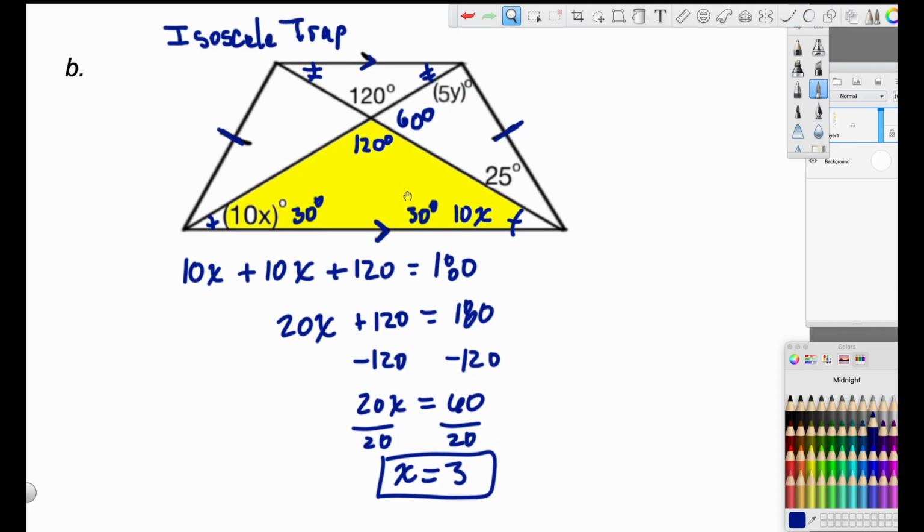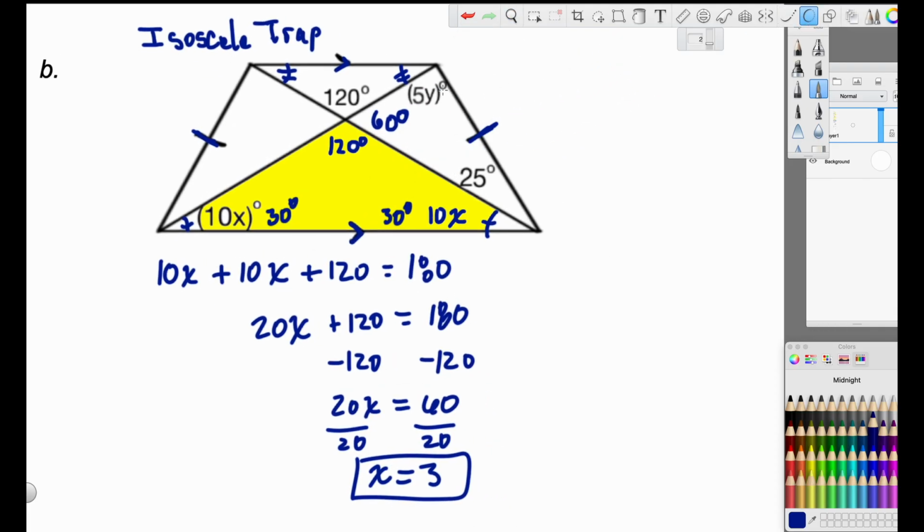Now let's take a look at an equation for y. We know that 5y plus 25 plus 60 equals 180, because the sum of the interior angles of a triangle is 180. So this orange triangle. So 5y plus 85 equals 180.